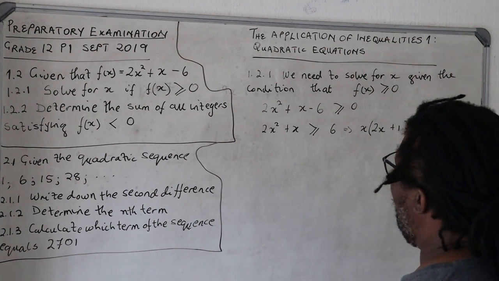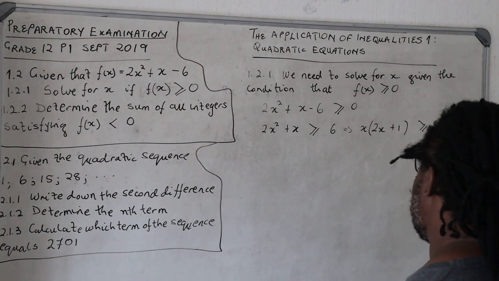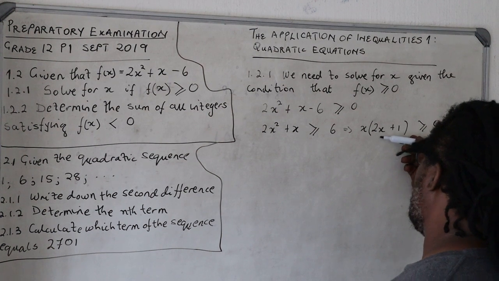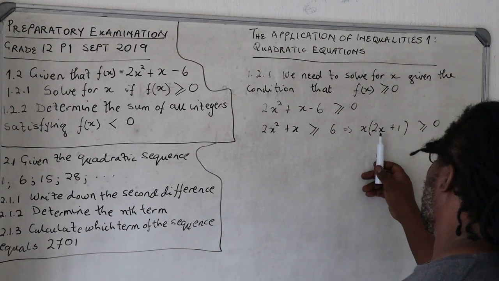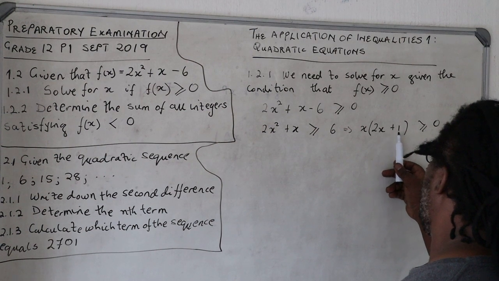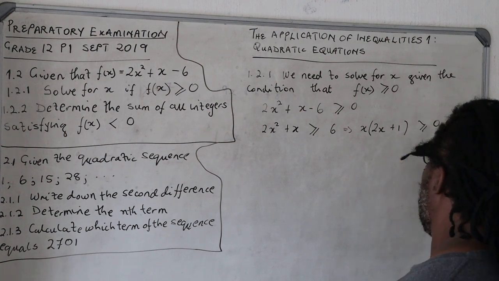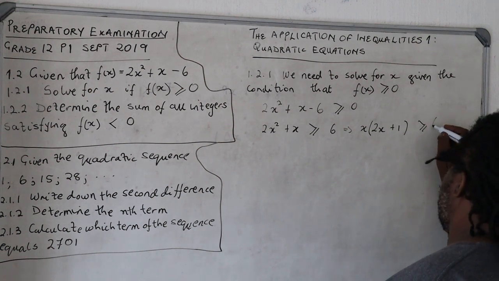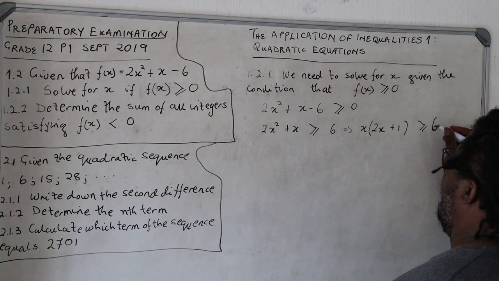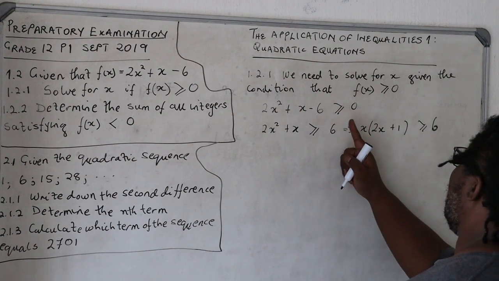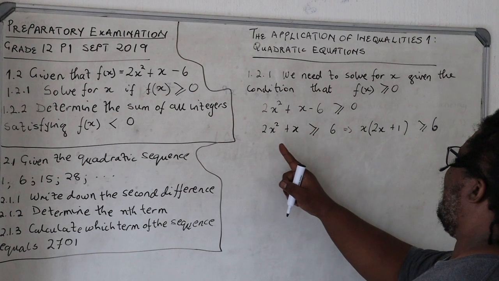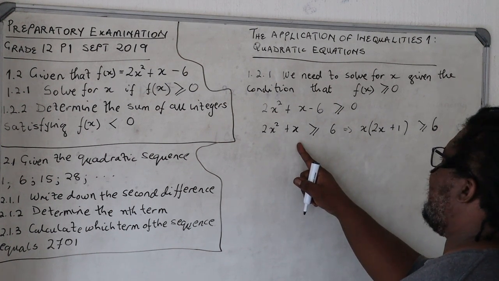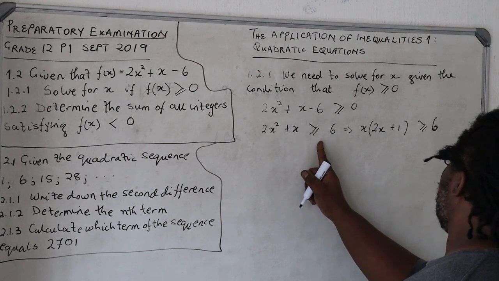If we start by looking at the positive values of x, if we say x is equal to 1.5, this would give us 3 plus 1, that would be 4. Note it is greater than or equal to 6, not 0 here. We have already moved 6 from the left hand side to the right hand side. So at this point, our inequality is 2x squared plus x is greater than or equal to 6.